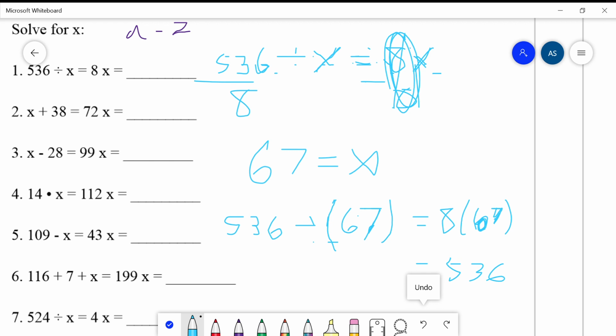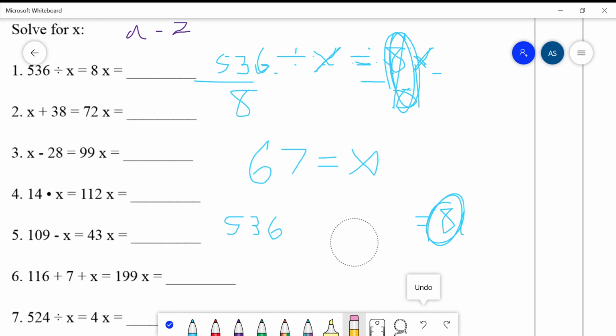And if we do 536 divided by 67, we'll be getting 8, which is here, right? Without the x, we just have the 8, right? Like that. And then at the same time, if we do, as earlier, 8 times 67, it'll equal 536. And so the x, we write 67 over here, right?